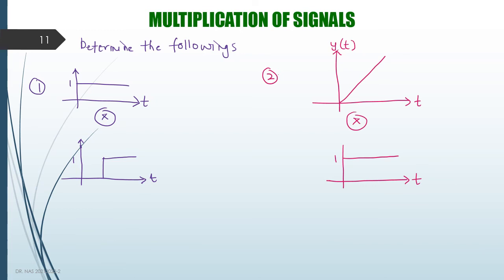Okay, the same goes for multiplication. You need to consider point by point multiplication. So for example, here up to 3, so 0 to 3.